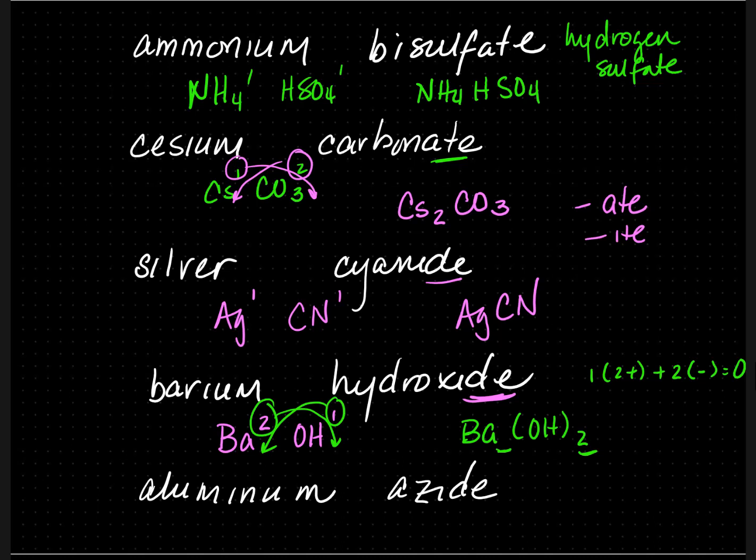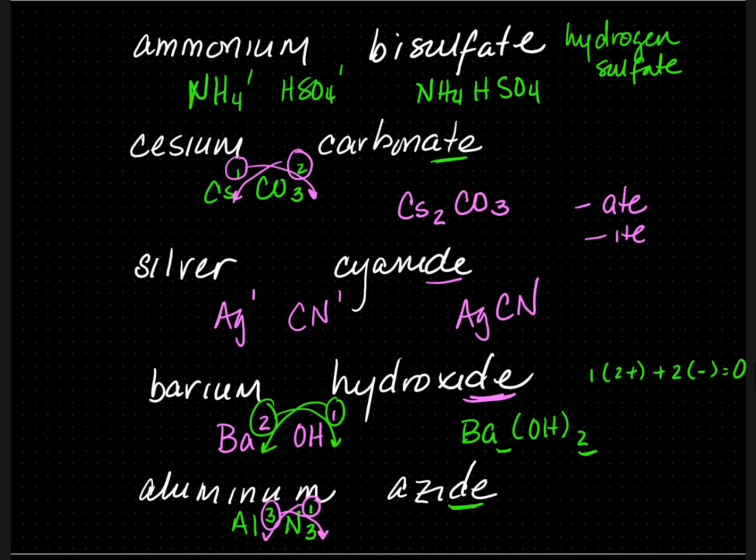Aluminum, Al, charge is 3. Azide, again, this is another exception to the polyatomic. It ends in ide. It is N3, charge is 1. We cannot reduce the 3 and 1. The 3 from the aluminum goes down to the azide, and the 1 from the nitrogen goes to the aluminum.